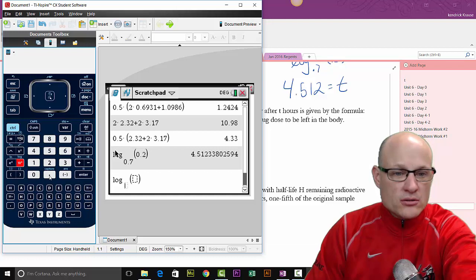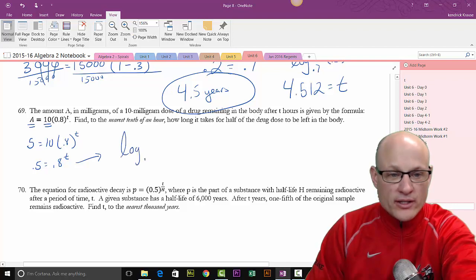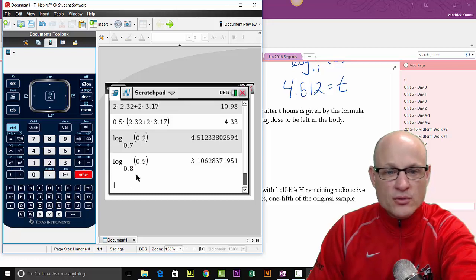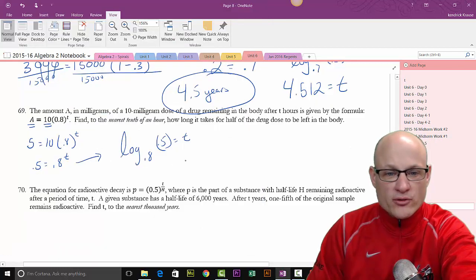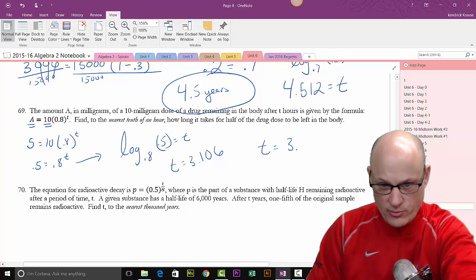Oh, I haven't converted it yet. So log base 0.8, it's all about the base, of 0.5 equals t. 0.8, 0.5, boom. 3.106. So t equals 3.106. So time equals 3.1 hours.